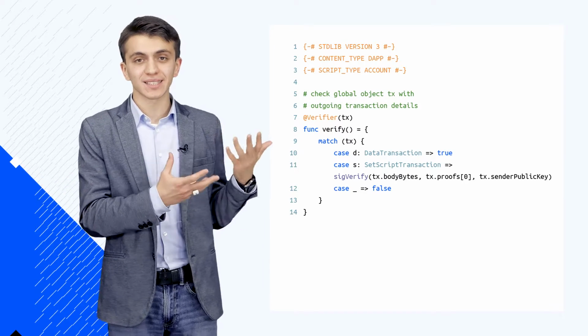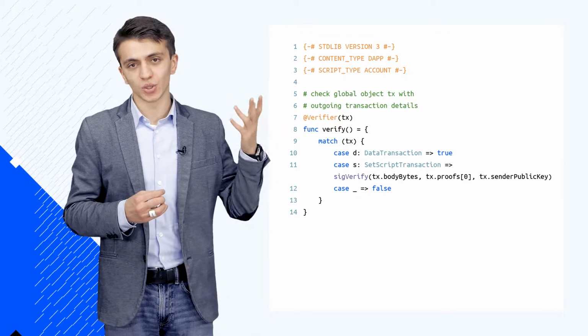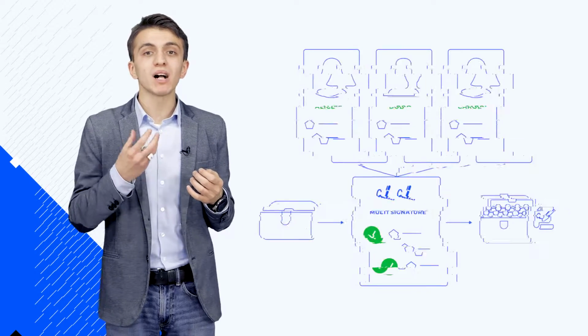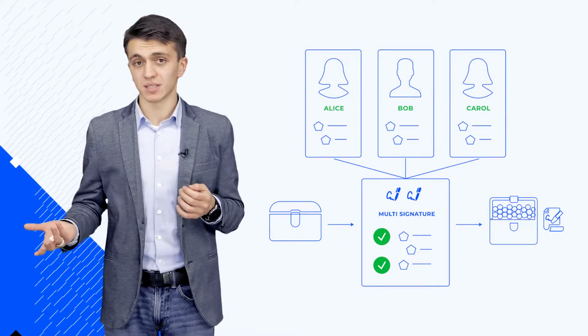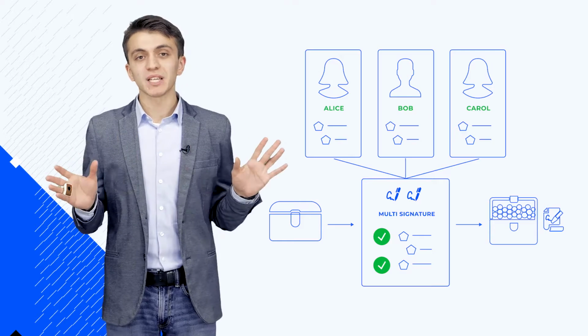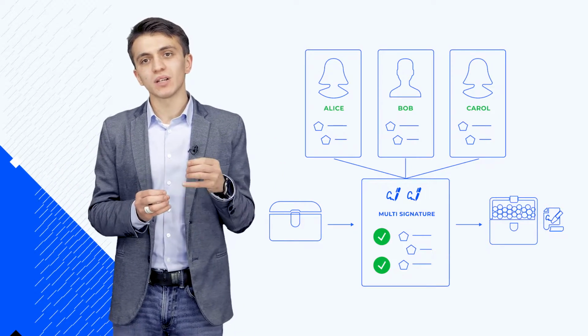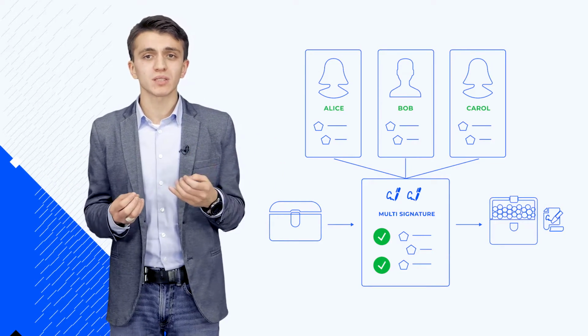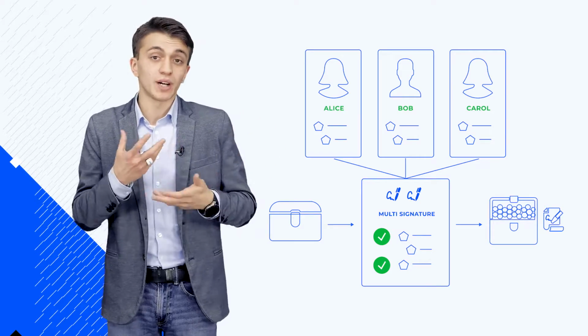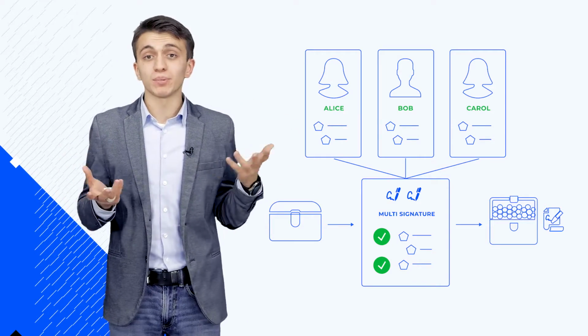Let's look at the classical example for smart account usage. To increase the security for digital asset storage, many people use multi-signature accounts or multisigs. Let me explain what it is. Let's assume that our suppliers are small businesses consisting of several founders or administrators, for example, 3.